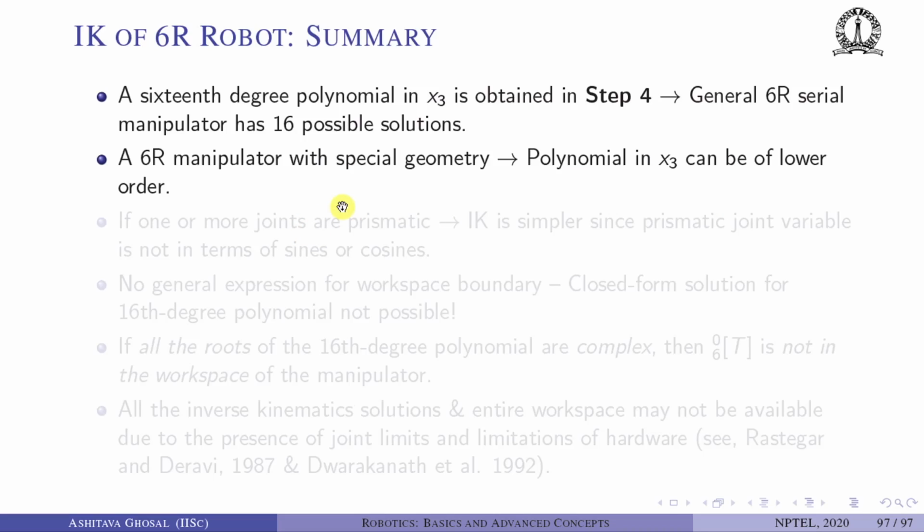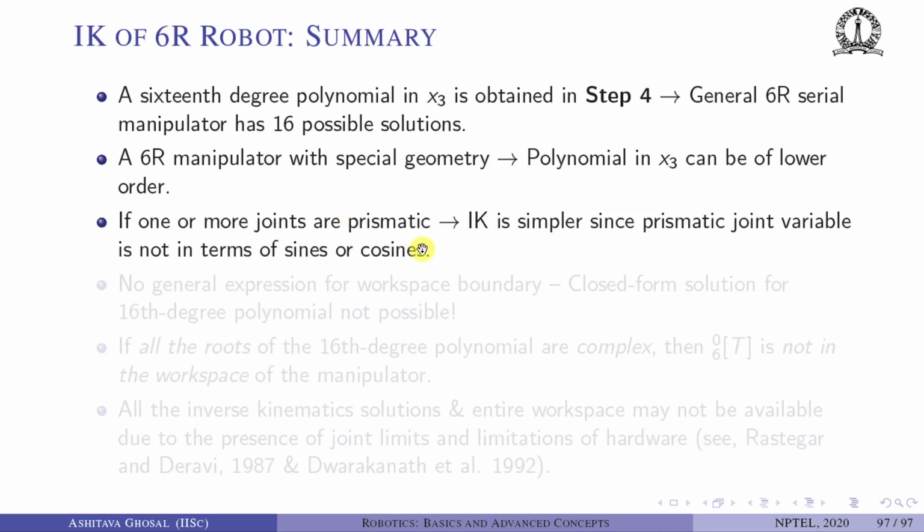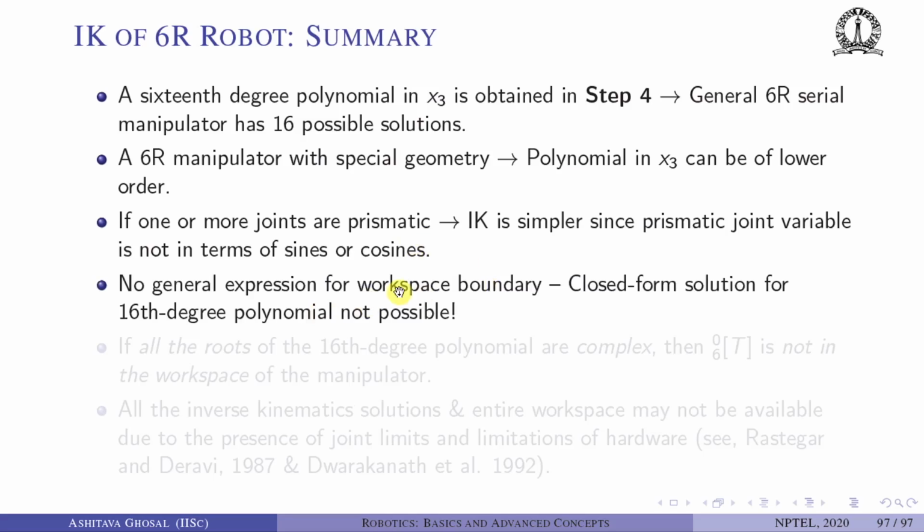If one or more joints are prismatic, IK is much simpler, since the prismatic joint variable is not in terms of sines or cosines. There is no general expression for workspace boundary. Why? Because we do not have closed form analytic solutions for the 16th degree polynomial. We can only obtain the solutions of this 16th degree polynomial numerically.